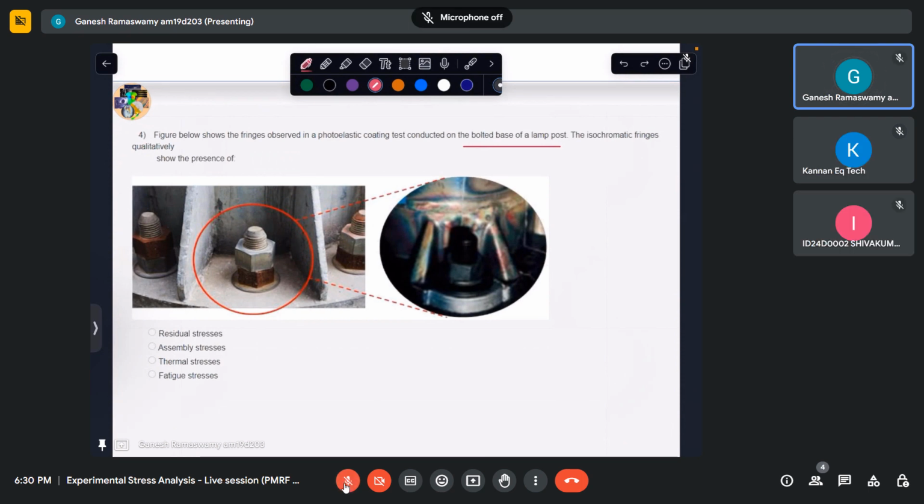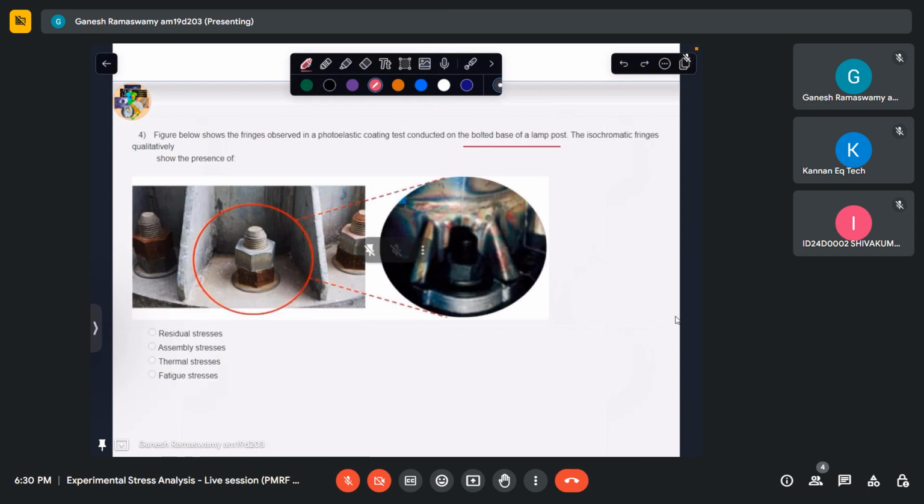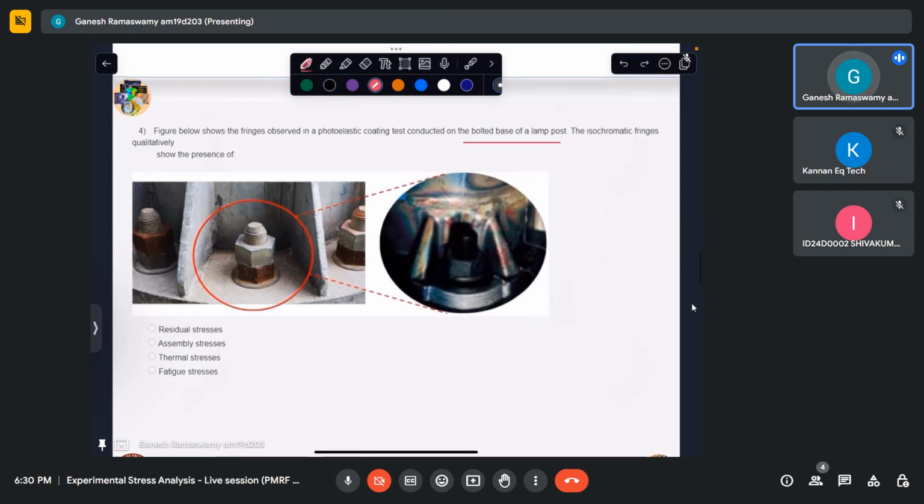So we were looking at this question. The figure below shows the fringes observed in a photoelastic coating test conducted on the bolted base of a lamppost. The isochromatic fringes qualitatively show the presence of which of the following stresses? That's what is asked.